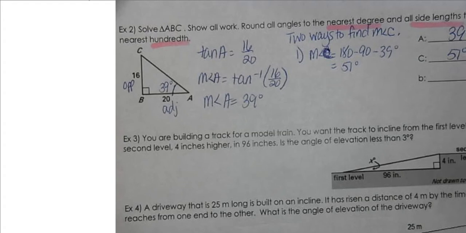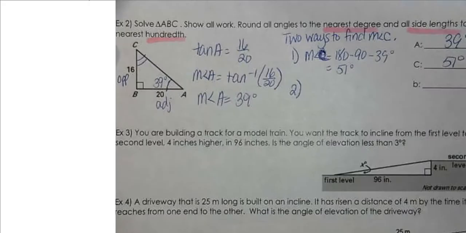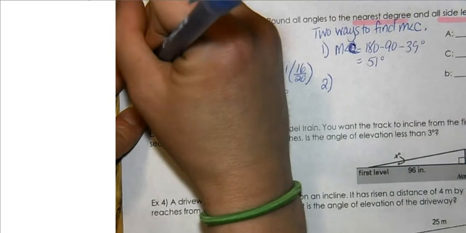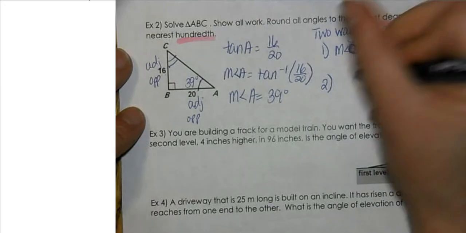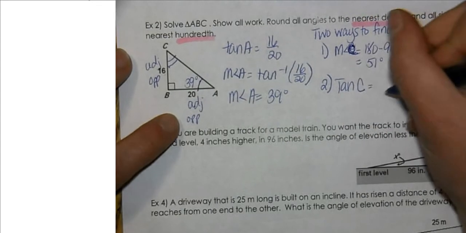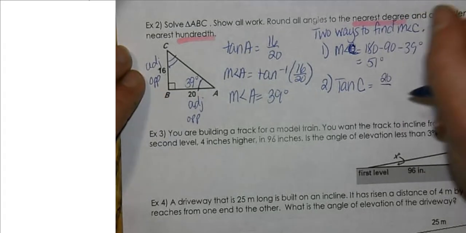That's one approach. Another approach is for you to use tangents. So with respect to angle C, 20 is no longer the adjacent, it would be the opposite. And 16 with respect to angle C would be the adjacent. So we would work with tangent. The tangent of angle C would be equal to the opposite, which is 20, divided by the adjacent, which is 16.